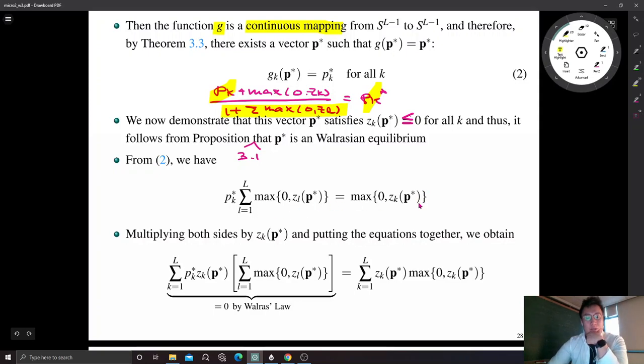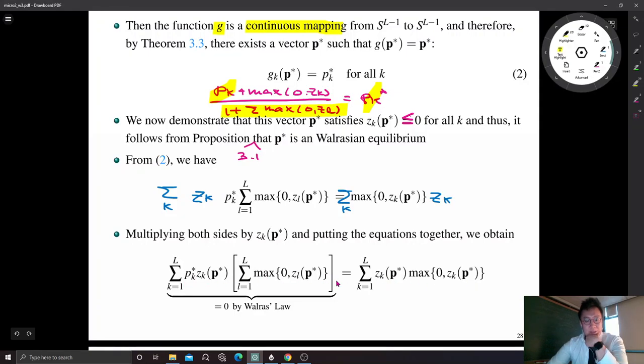So we have this. And now we multiply both sides by G sub k, multiplying Z sub k here and here, and then we take the summation over k. Then the expression on the right-hand side becomes this.